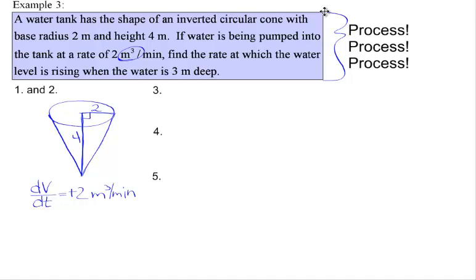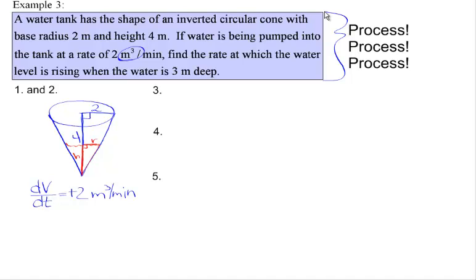Let's get a different color here. Here's the water level. When I draw the water level in there, do you see that I have another radius, let's call it r, and another height going on in this problem? I'm going to call it h. Those two again meet each other at a right angle, and once again I have another right triangle.